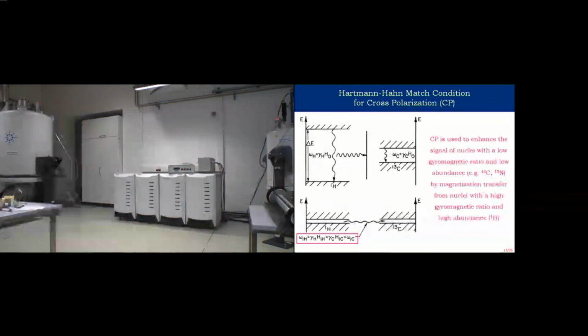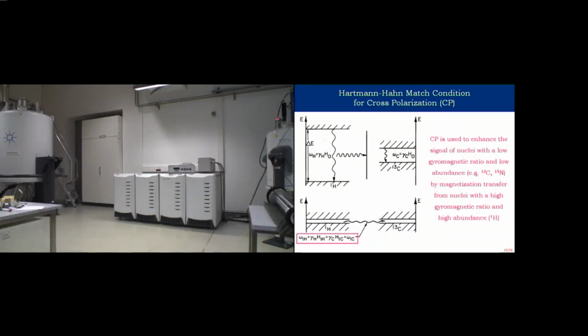So if you see the screen, on the left side you have the graphical representation of the distance between two levels for the proton, the nucleus of hydrogen 1, at the selected magnetic field.